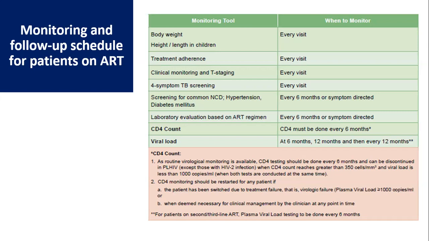Once viral load is routinely done under the national program, we can stop CD4 if the viral load is less than 1,000, that is suppressed viral load, and the CD4 is more than 350 cells per cubic millimeter. However, whenever the patient fails, the SMO or MO can restart CD4 monitoring, or whenever felt necessary by the treating physician, CD4 can be done.